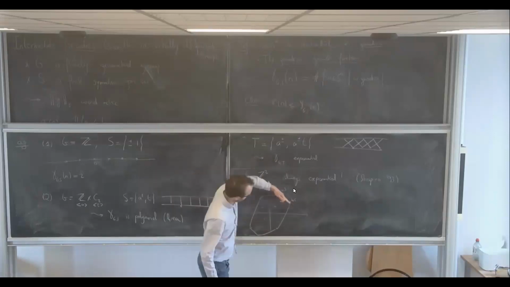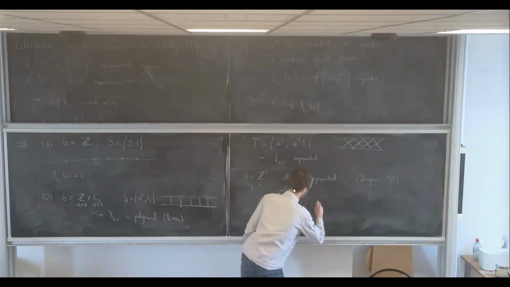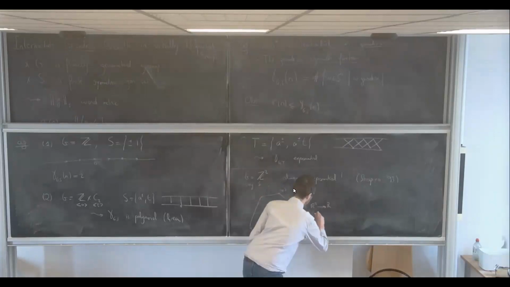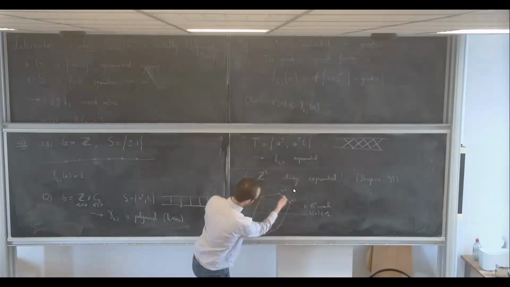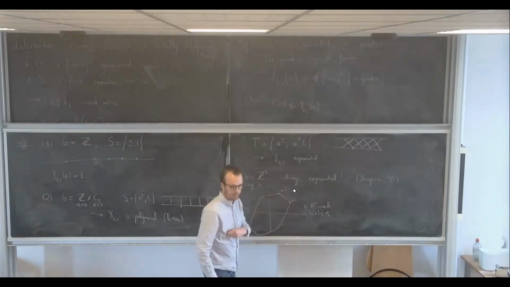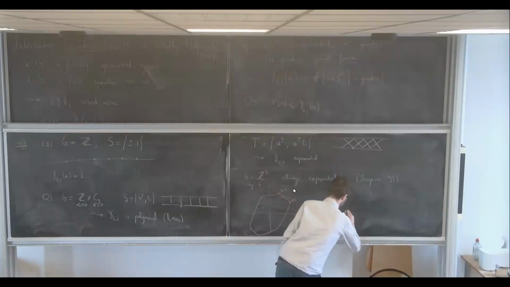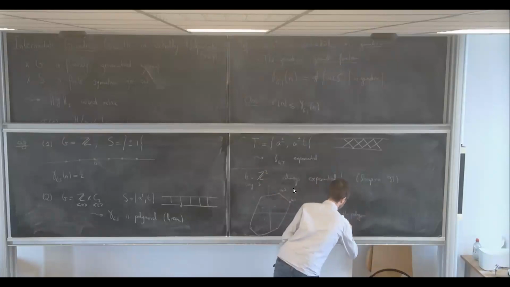Something I can associate with this facet is a linear form h, which goes from R^2 to R, such that h of x is smaller than or equal to 1 for everything below, so for everything in the polygon, and you have equality if and only if x belongs to the face.